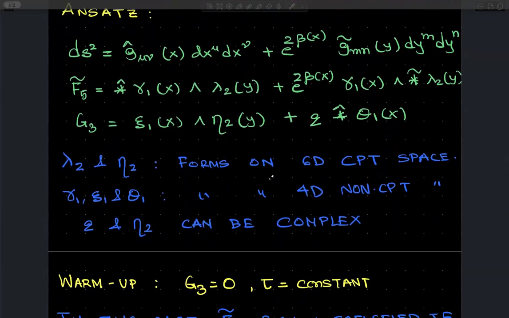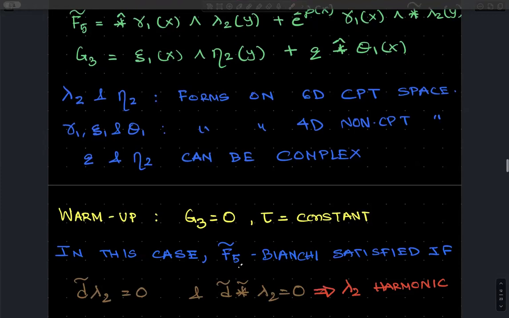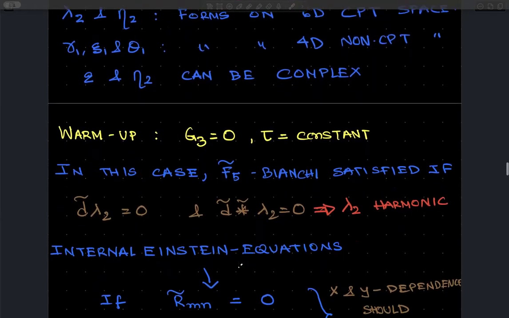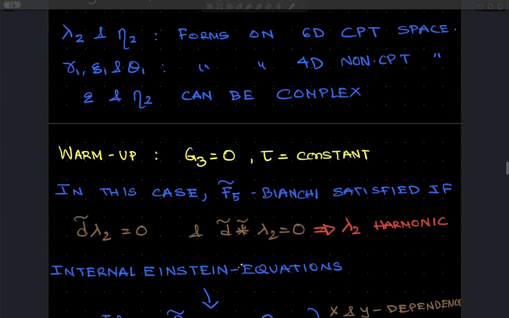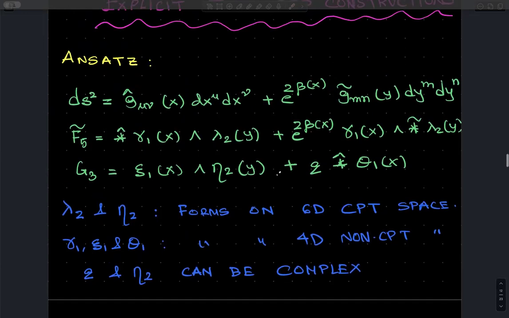Okay, so let's first do a warm up where we do not have all of the fluxes, where we turn off G3 and you have tau to be constant. So we just have to take care of the F5 case. So the F5 Bianchi identity actually is satisfied if this lambda 2 in our ansatz is harmonic.